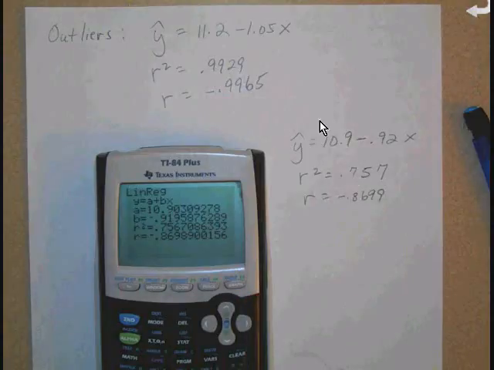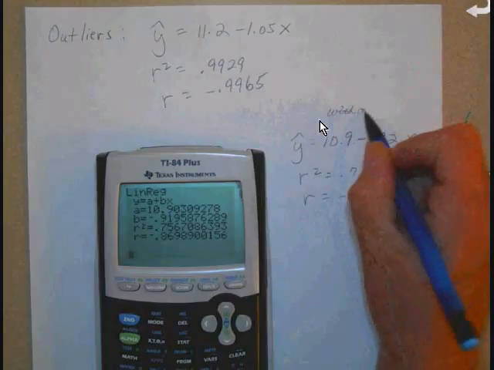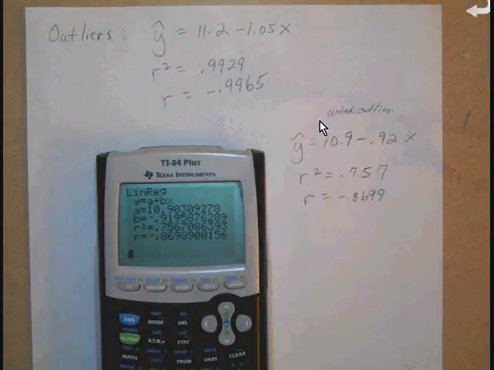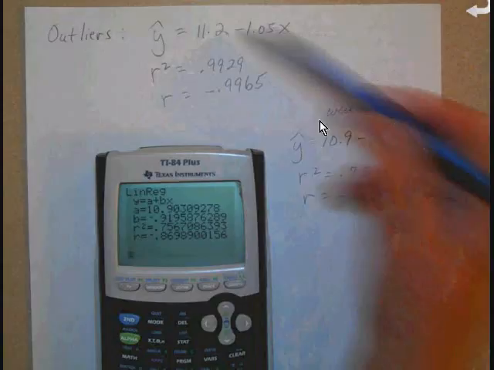So you should notice some differences right away with the outlier. The outlier has made changes in a few places. This outlier has not made a big change in the y-intercept.